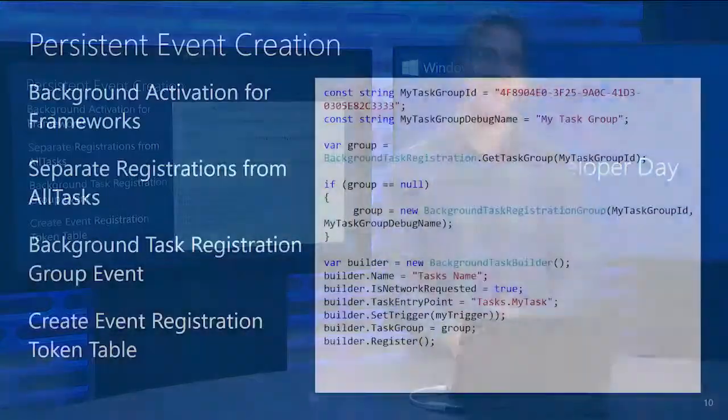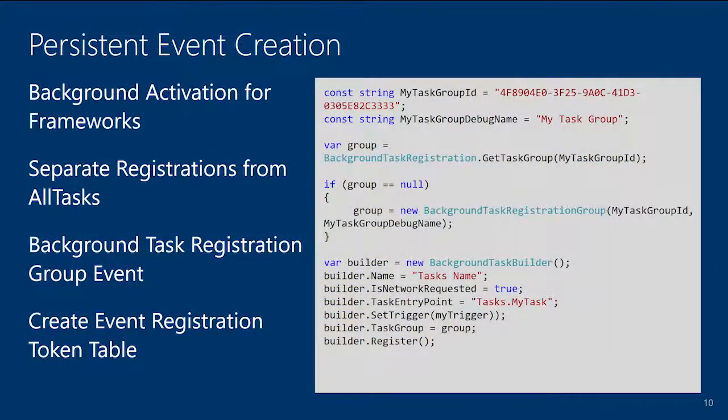Now, persistent events are a new feature that we as the platform have enabled you as developers to create. These are really great for framework developers to make the process of doing background activation a lot more simplified for any of your users. As you can see in this little code snippet, what you're going to do with this is you're going to use that background task registration group.